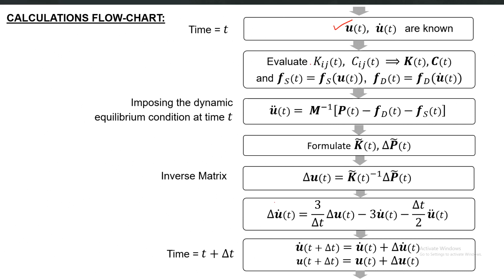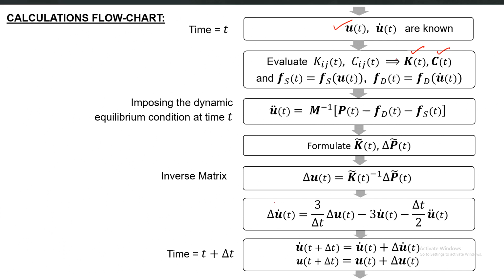Then you evaluate the instantaneous, or tangent, stiffness matrix and the tangent damping matrix if your structure is nonlinear. If your structure is linear, in that case this k of t and c of t will be constant.